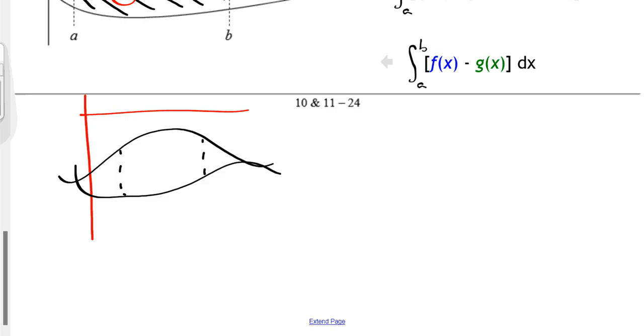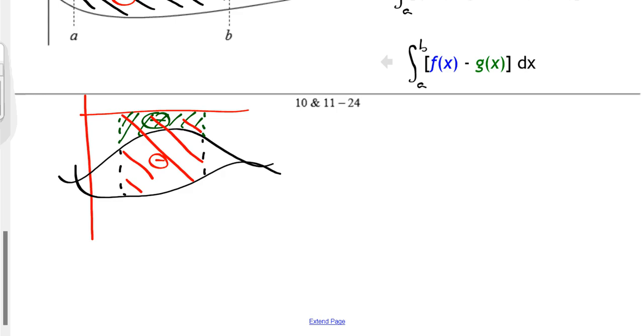So for this top one, let's keep that going up, that is going to be a negative area. And then I'm going to get all of this. It's also going to be a negative area. But I'm going to do the top one.